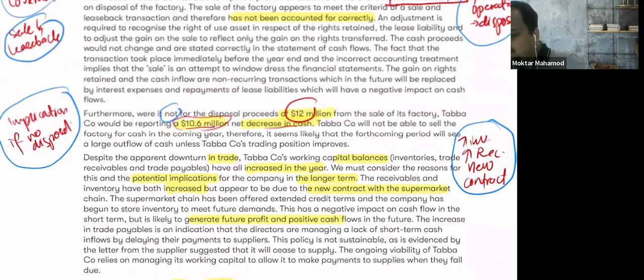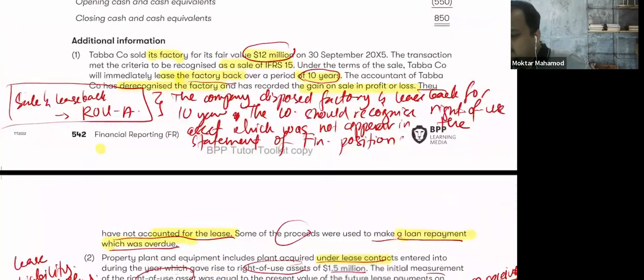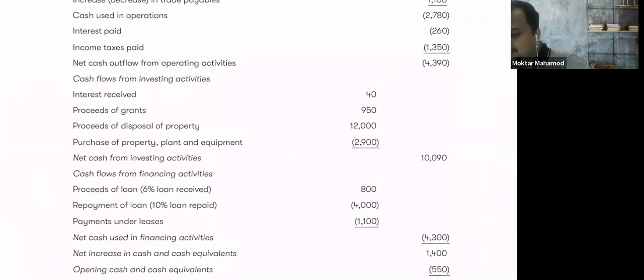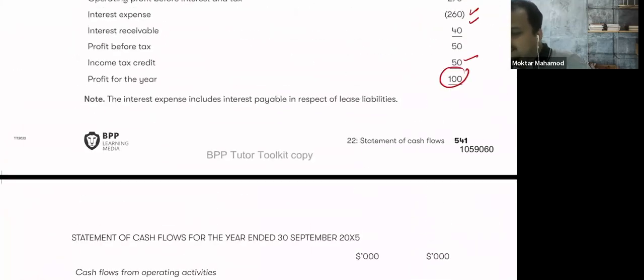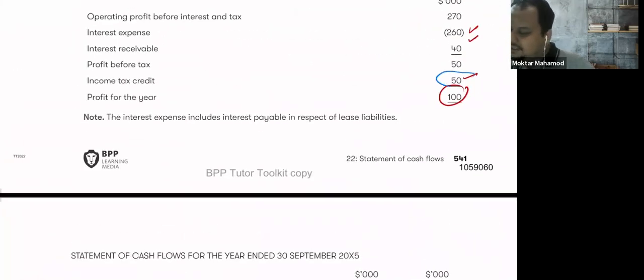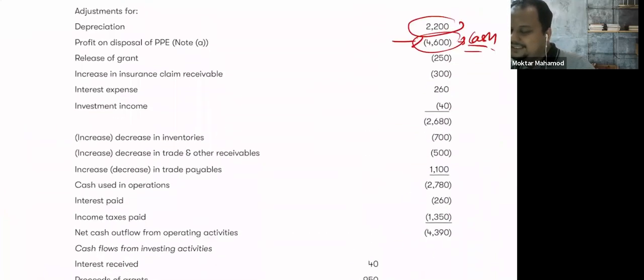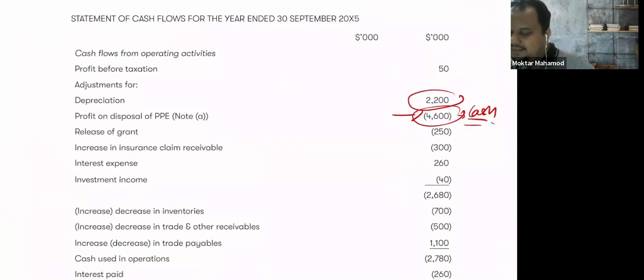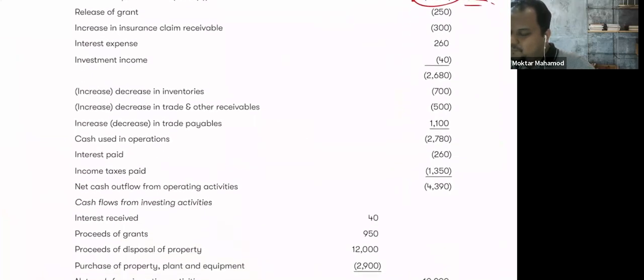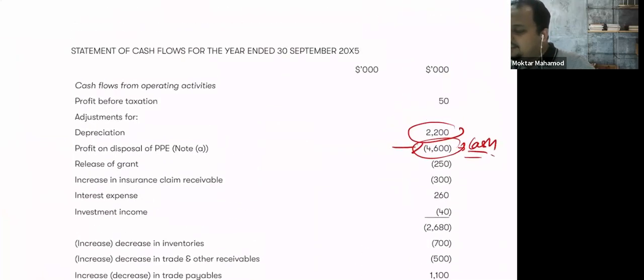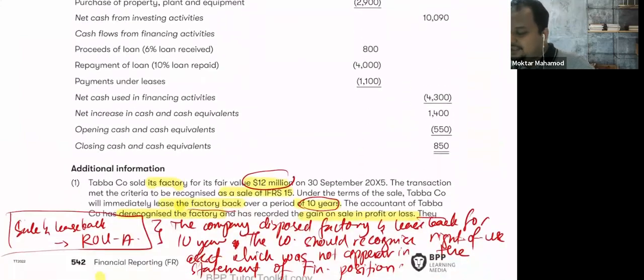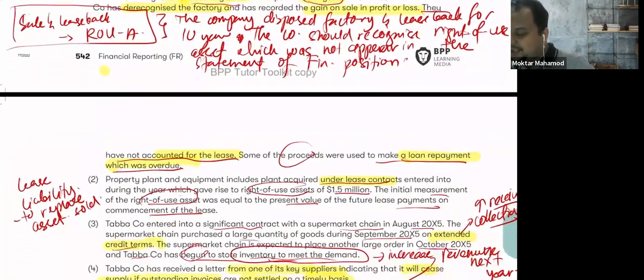Itu ke income tax tadi? Nampak macam 1350. Tapi ni income tax credit. Ini je macam nak tengok konsistensi antara income tax paid current year lah. Current year profit sebab previous year will be loss lah kalau ada income tax credit.